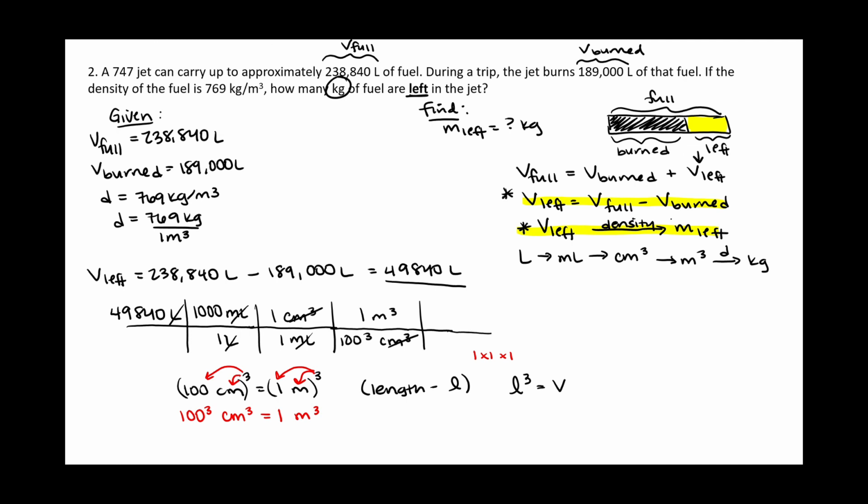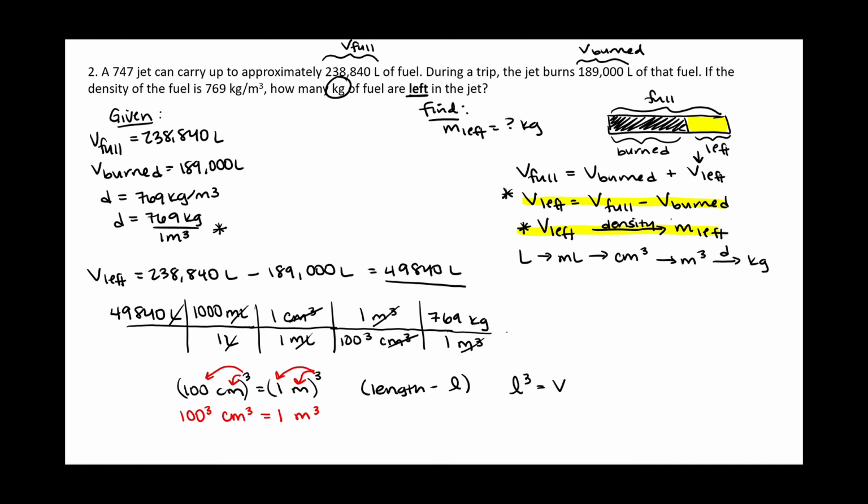And I can do my last conversion, which is converting from meters cubed to kilograms. That's where I'm going to use my density. I can use that as a conversion factor, and I can write it just as it is. I won't have to flip it or anything, because if I write it this way, it allows me to cancel out those cubic meters. Now I'm just going to look at my setup, make sure everything is put in correctly.